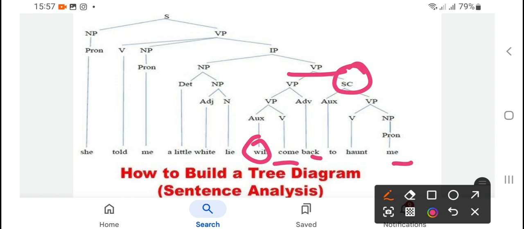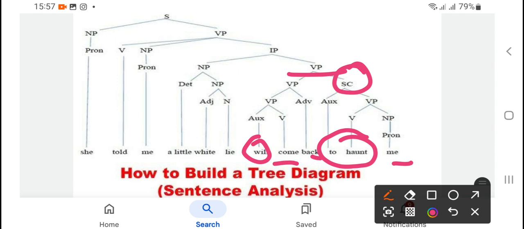To haunt. Haunt is the main verb and me is pronoun, right? So to haunt, to go, that is verb actually, right? So that is to haunt this way.